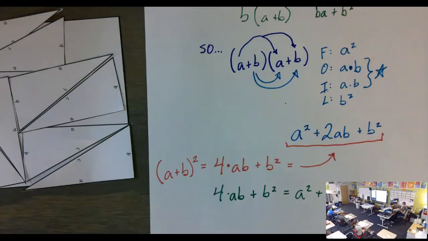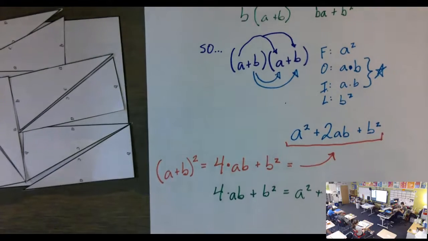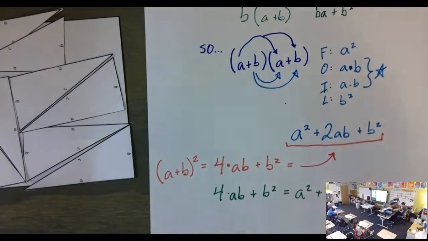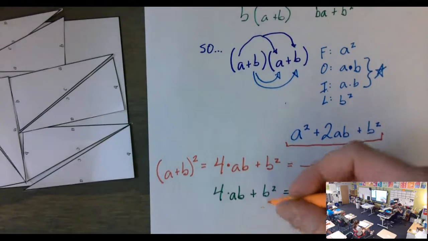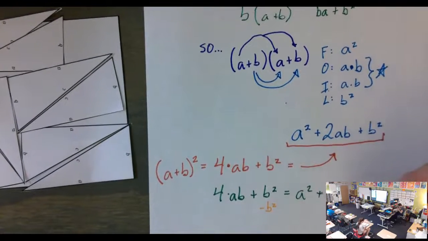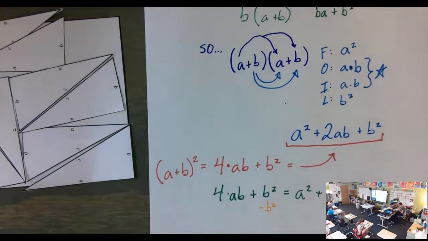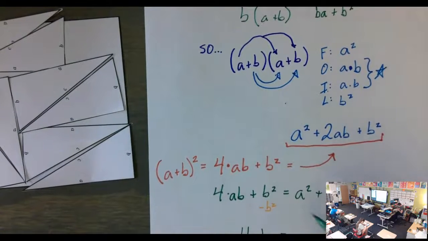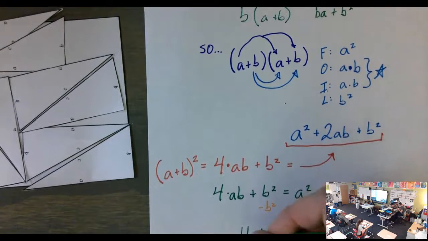Take away B squared. Subtract B squared from both sides. Get rid of that B squared from both sides. Then get rid of AB. Or 2AB. So then what we have is 4AB equals A squared plus 2AB. I don't have to write the multiplication symbol, because there is multiplication here and there.